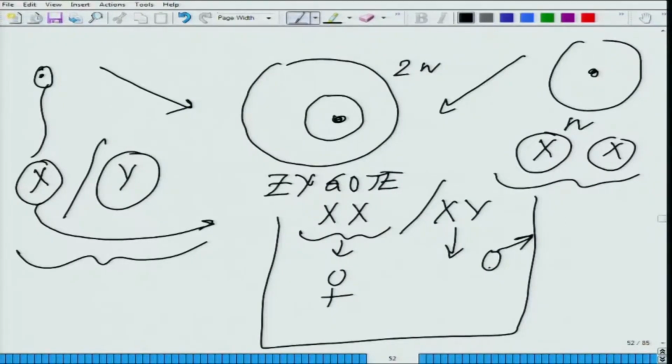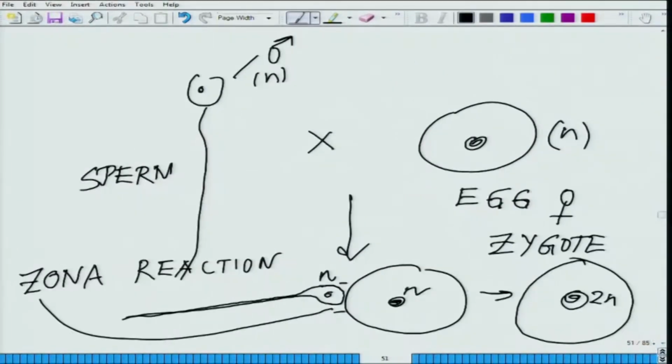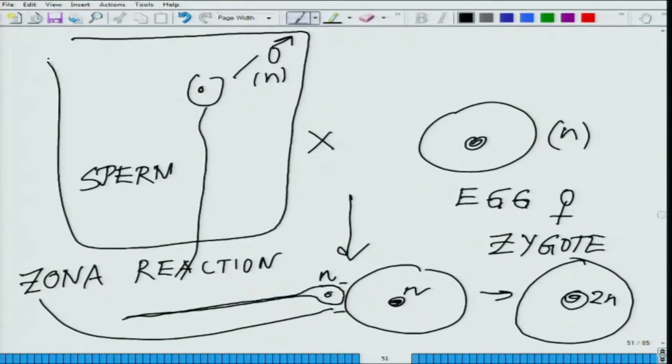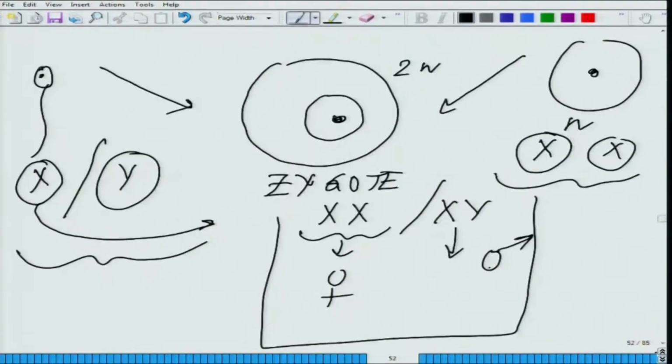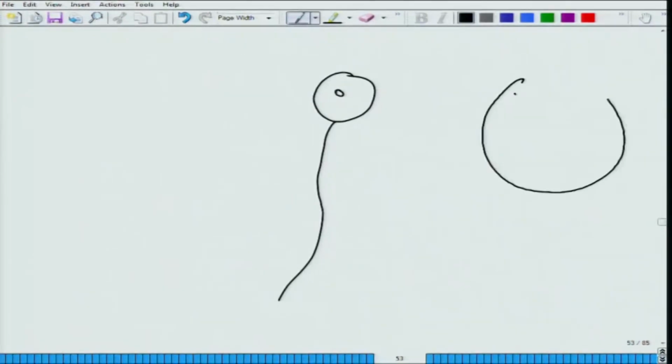What we will be studying is this part and this part: how these are regulated, what regulates the formation of the sperm and the egg in the body.